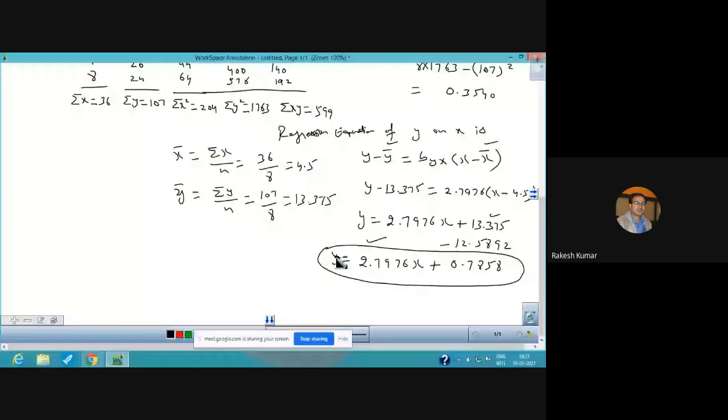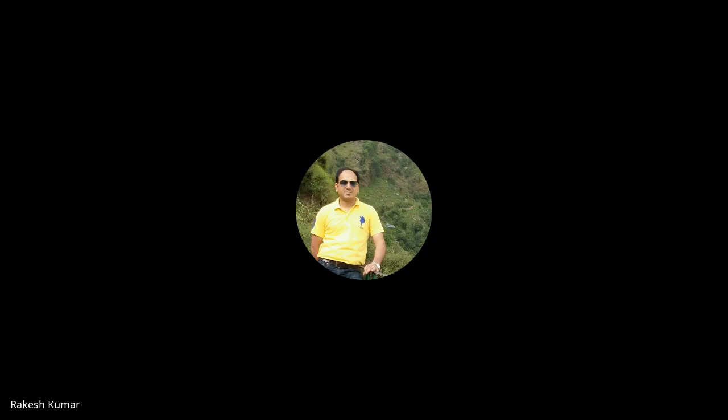Similarly, we can find the regression equation of x on y. For example, a laboratory record has been partially destroyed, of an analysis of correlation data.